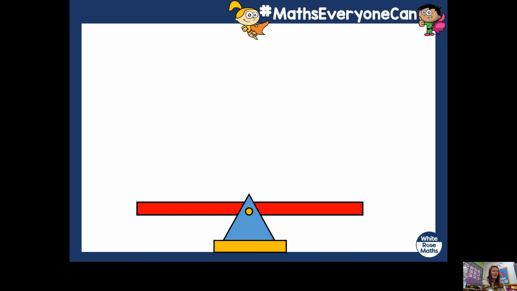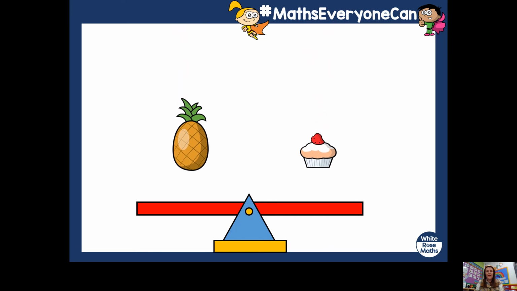This time I want you to predict what is going to happen to the weighing scales. So which object do you think is going to be heavier and which object do you think is going to be lighter? It's a pineapple and a cake. What's going to happen?